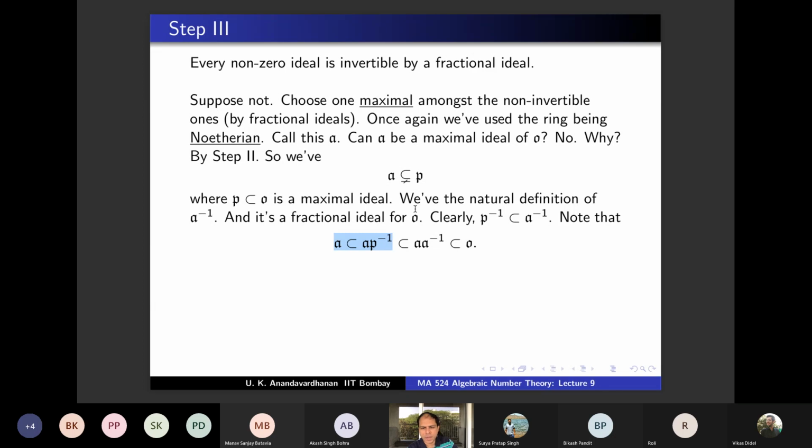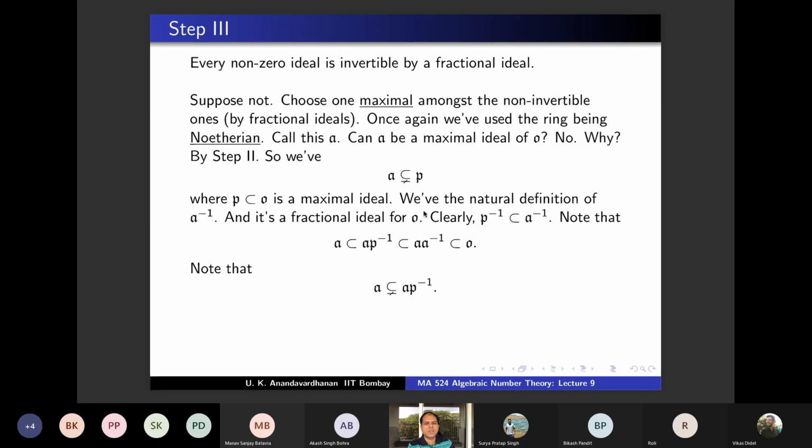That means any element of P inverse belongs to O. But that's not true, right? P inverse is not O. Why is P inverse not O? Because in step 2, we have made the claim that if you have any maximal ideal, P inverse strictly contains O. P inverse is not O for any maximal ideal P, as we have shown as part of step 2. So the same proof applies. P inverse strictly contains O and O is integrally closed. You will get a contradiction if this was an equality.